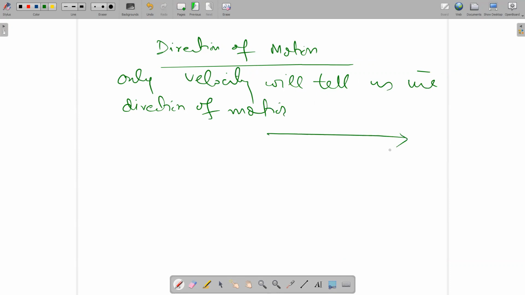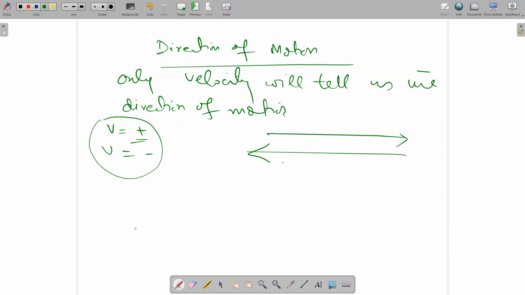The body is moving to the right side or to the left side. So if v is positive, it means it is moving to the right. If v is negative, then it is moving to the left. So remember this, you can only judge it with the sign of the velocity, positive or negative. Otherwise, you cannot.